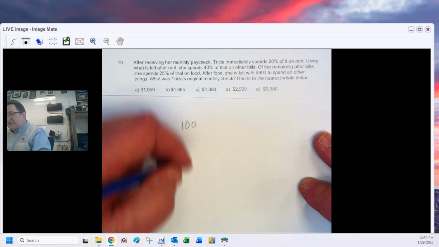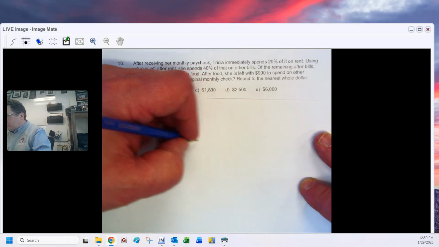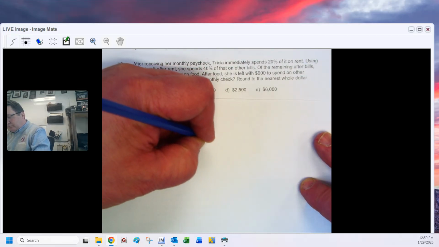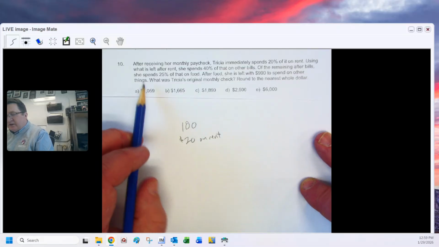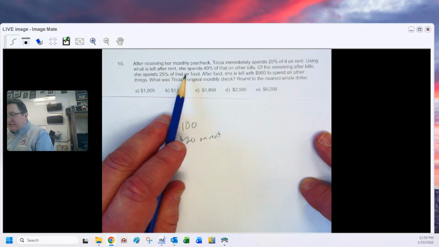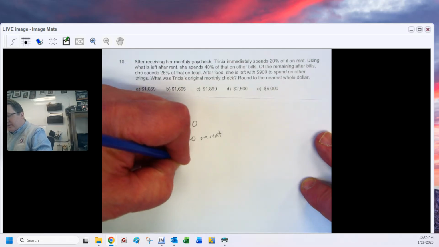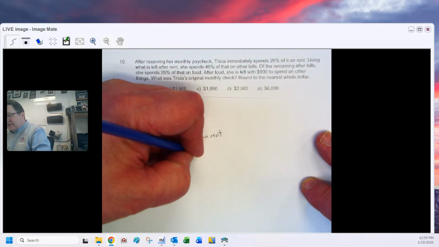If she spent 20 of it on rent, we're going to spend $20 on rent, and that means we would have $80 left. It says using what is left, she spends 40% on other bills. So she spends 40% of 80 on other bills, and 40% of 80 is $32.